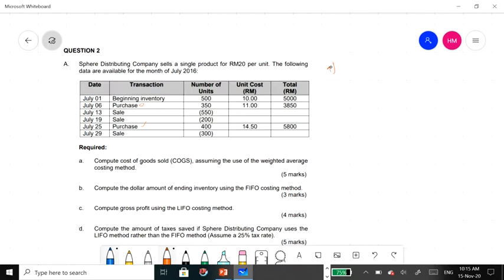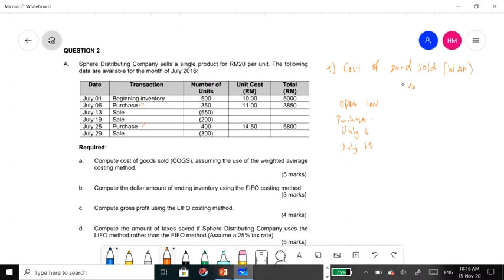So you all boleh buat untuk A, cost of goods sold, weighted average method. Okay. So opening, kita akan ada opening inventory, purchases tu 6 July and July 25.